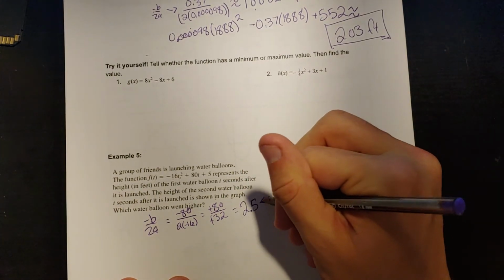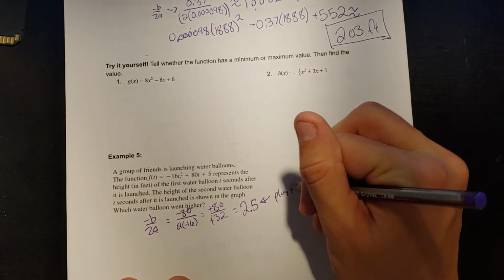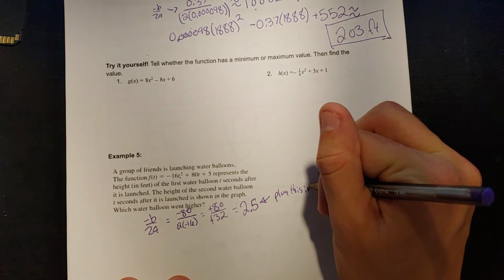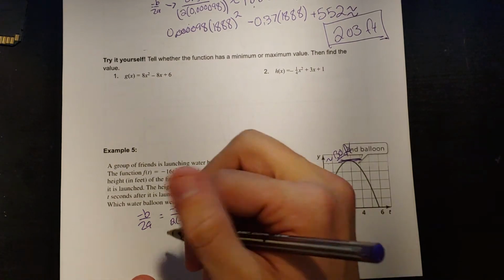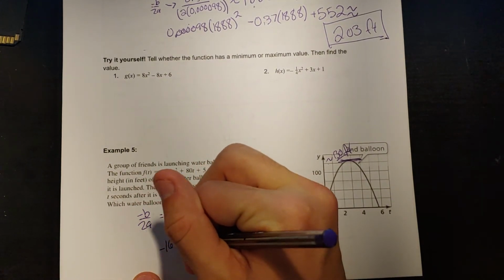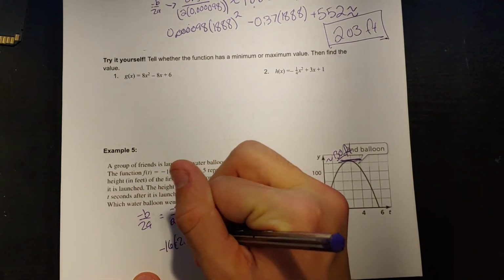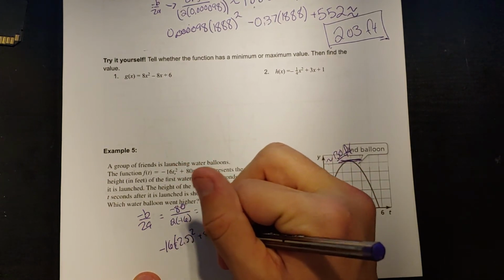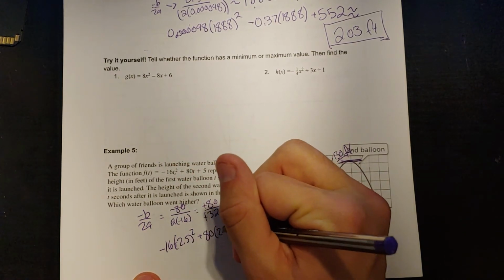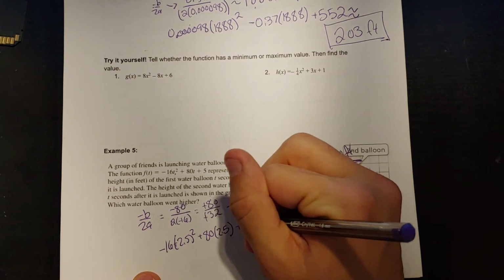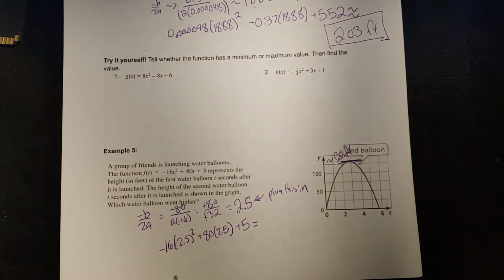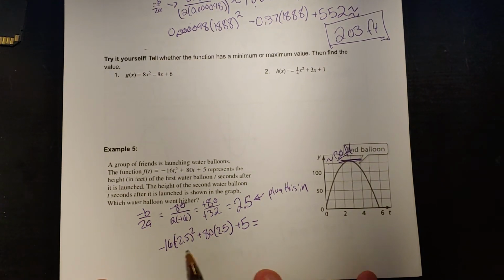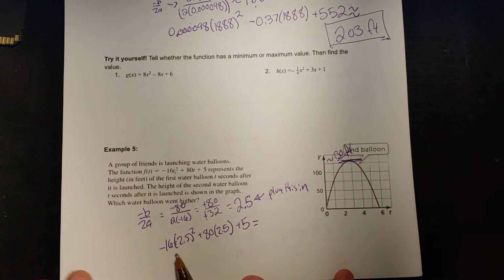So now we need to plug this into the original equation. So I get negative 16 times 2.5 squared plus 80 times 2.5 plus 5. You can plug this straight into your calculator if you have a fancy calculator, or you could type it into Desmos.